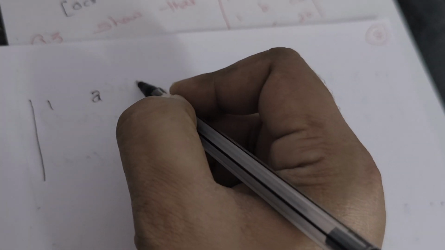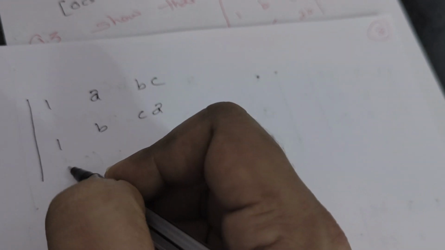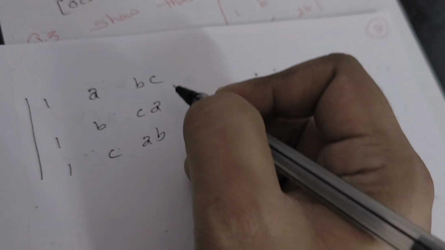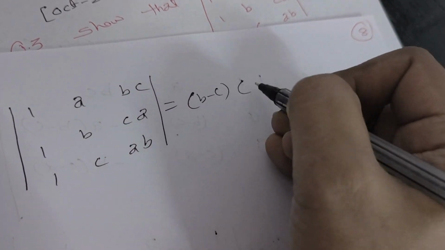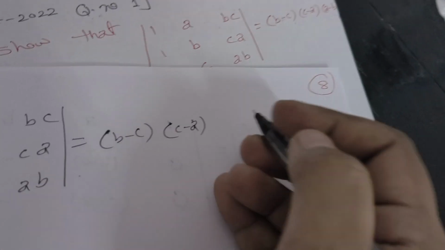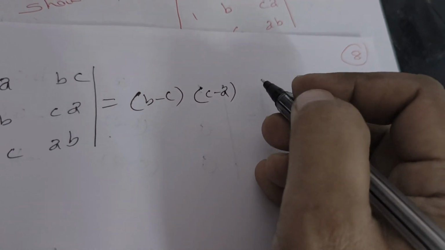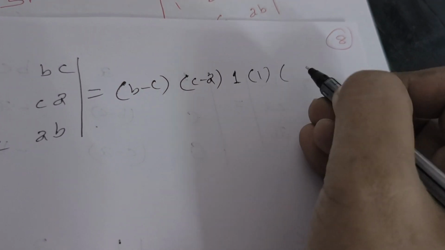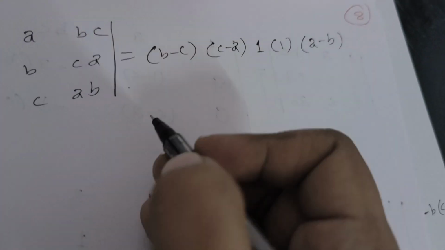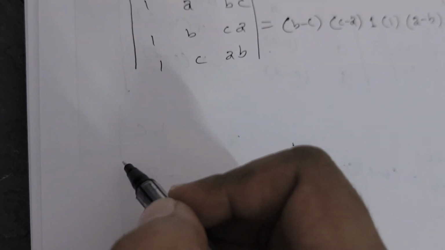So 1 a bc, 1 b ca, 1 c ab is equal to, already we have b minus c, c minus a. When we apply the property we get the product of the diagonal, 1 into a minus b, which is the required answer.